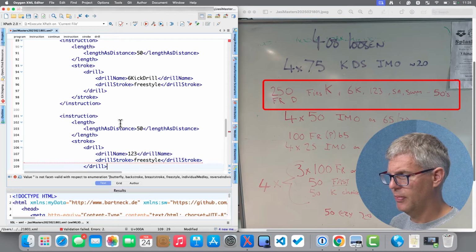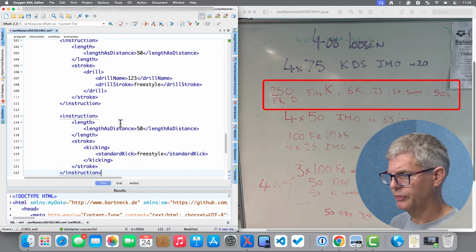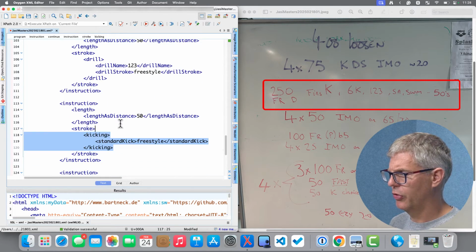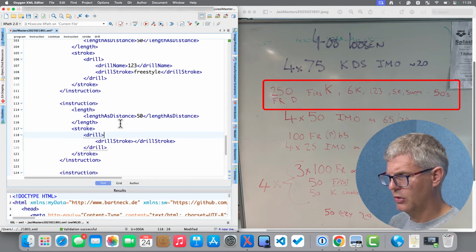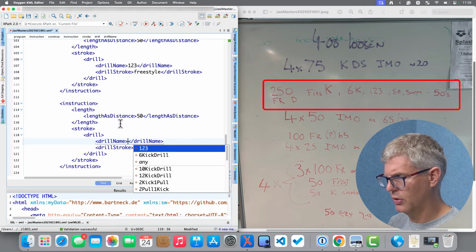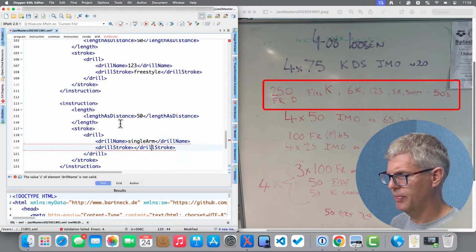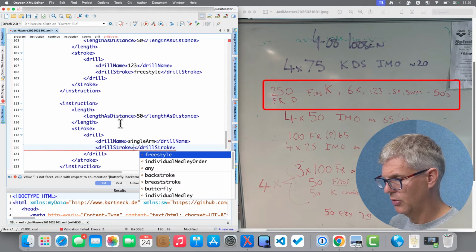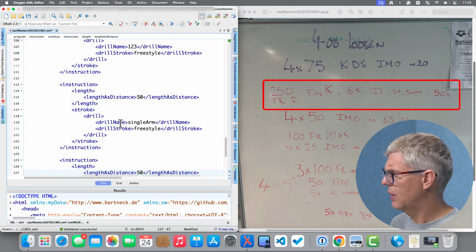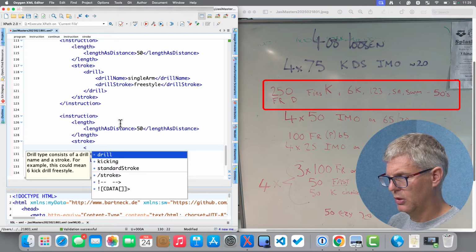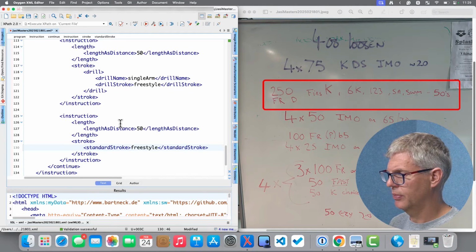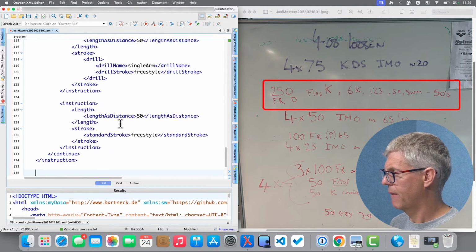Again, freestyle. The fourth one is single arm. Drill name, single arm. Freestyle. And the last one is just swim. So standard stroke, freestyle. Right, that's it.